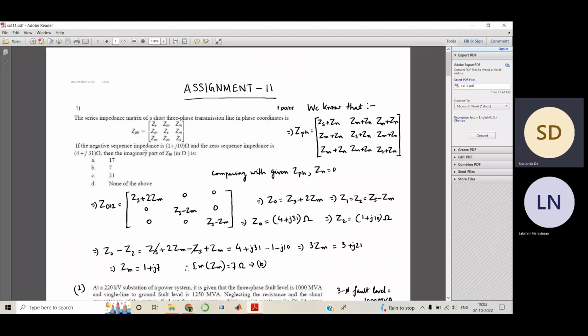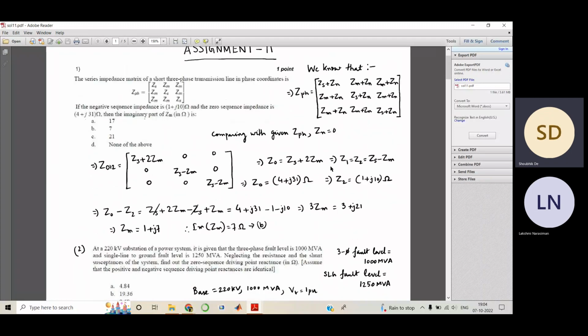Here they told that the negative sequence impedance is 1 plus J10, so Z2 is 1 plus J10 ohm and Z0 is 4 plus J31. They have told us to find out the imaginary part of Zm.